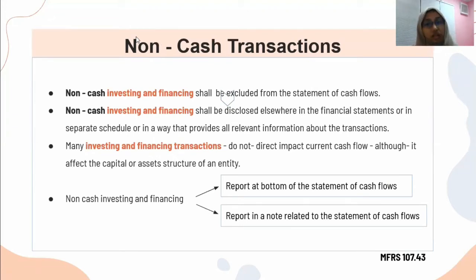These are excluded because many investing and financing transactions do not have a direct impact on current cash flow, even though they affect the capital or asset structure of an entity. The non-cash investing and financing will be reported at the bottom of the statement of cash flow, or in a note related to the statement of cash flow.